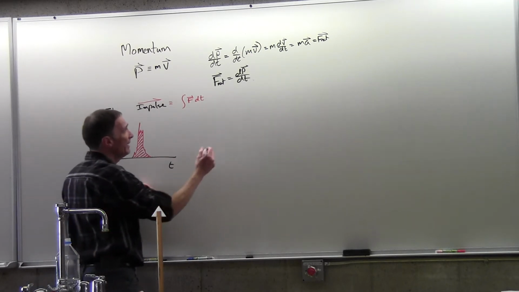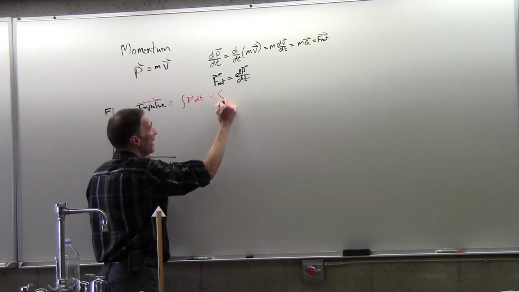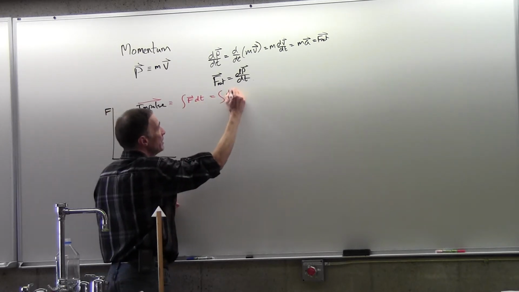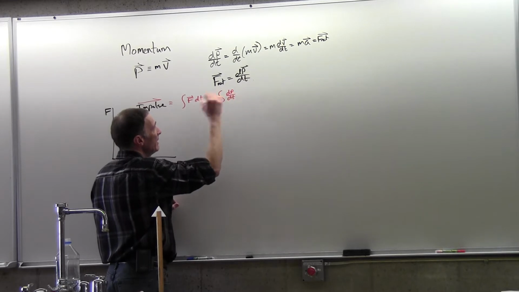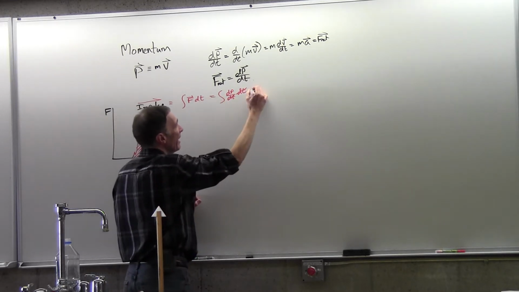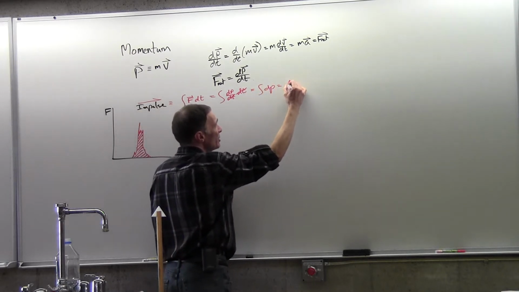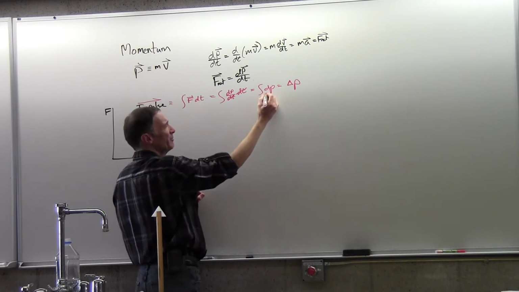Now, the idea behind it is, again, that force should be dp dt, and if I'm integrating with respect to time, I'm just going to get the integral of dp, which is equal to my change in momentum. And I should watch carefully.